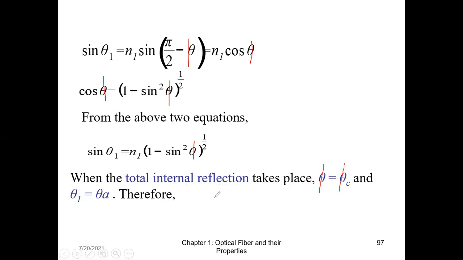So therefore, what we have is sine theta A is N1 square root of 1 minus sine square phi. All of you? I require a nod. Finished? Yes. Okay.